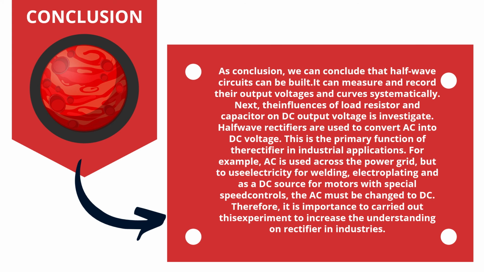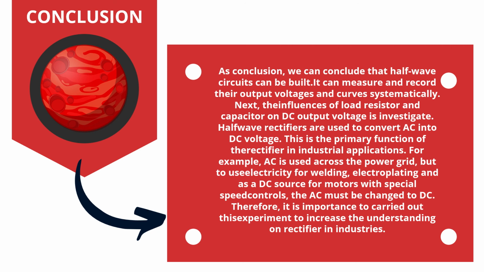And the final part is the conclusion. As we know, inshallah, we can conclude that the half-wave circuit can be built. It can measure and record its output voltage and curve systematically. Next, the influences of load resistor and capacitor on the DC output voltage are investigated. Half-wave rectifiers are used to convert AC into DC voltage.